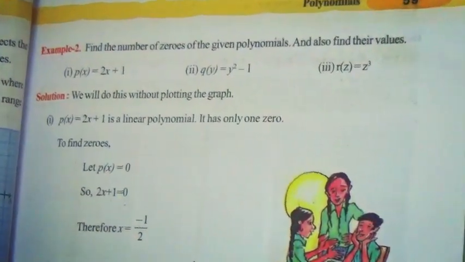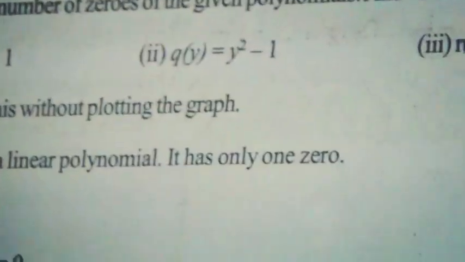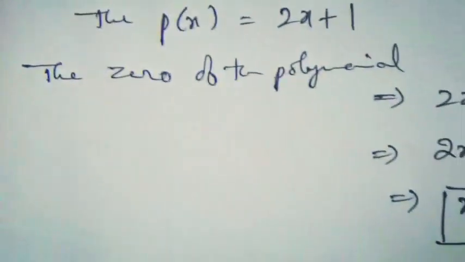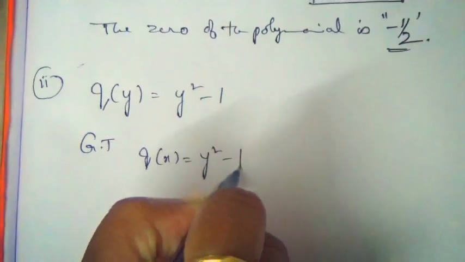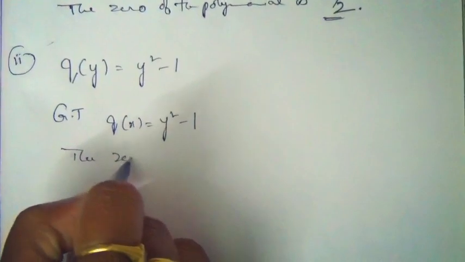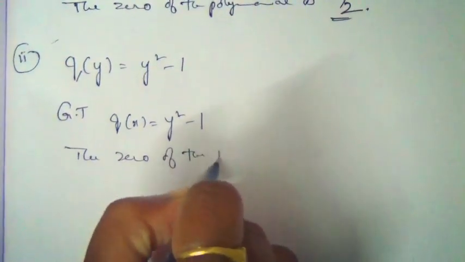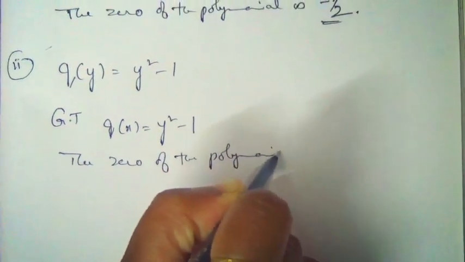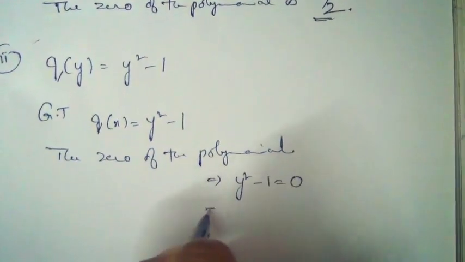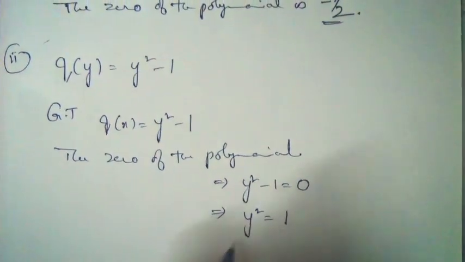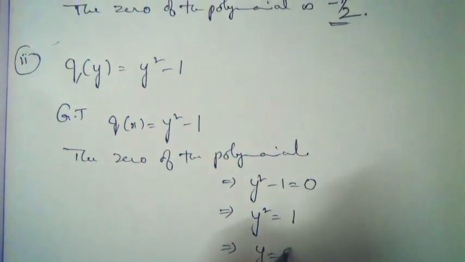Okay. Second one. q of y is equal to y square minus 1. Given that, find the 0 of the polynomial. That implies y square minus 1 is equal to 0. That implies y square is equal to 1. That implies y is equal to square root of 1.